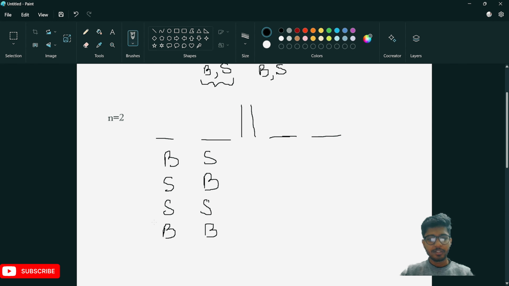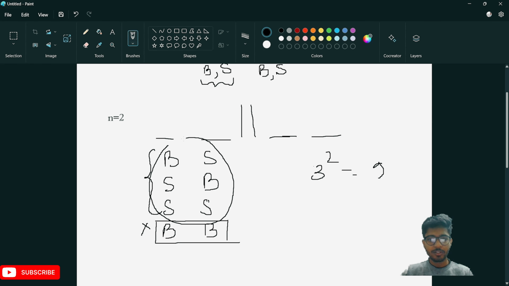But in our question, it is mentioned that no two buildings can be adjacent to each other. So this is not considered as a possible way. Hence, we are left with three possible conditions for one side of the road. And the total number of combinations for both sides of the road is 3 to the power 2, that is 9. Because the combination over one side of the road will be the same as the other side of the road. That is why instead of calculating it a second time, we are simply taking the square of our result.